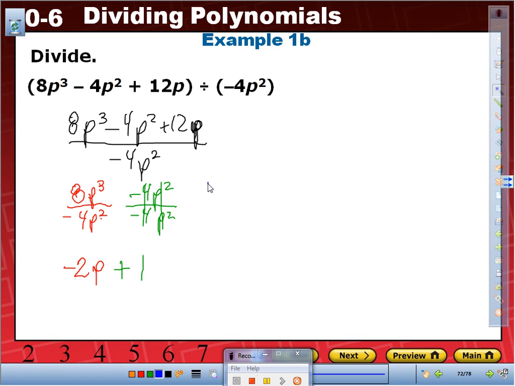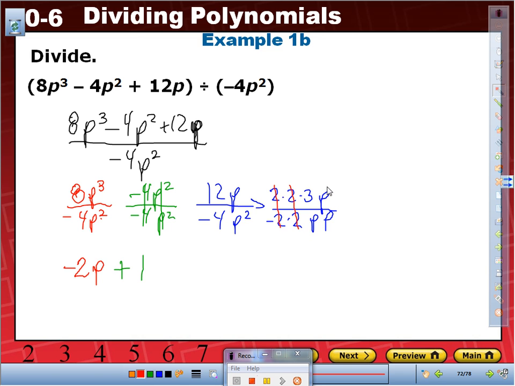Do the last term. 12p divided by negative 4p squared. So, if you don't see it, I'm going to factor this out so you guys can see it. Here it goes. This is 2 times 2 times 3 times p. Is that correct? This is negative 2 times 2 times p times p. Giant ones.